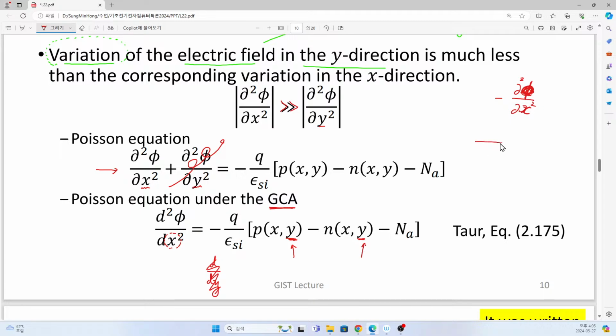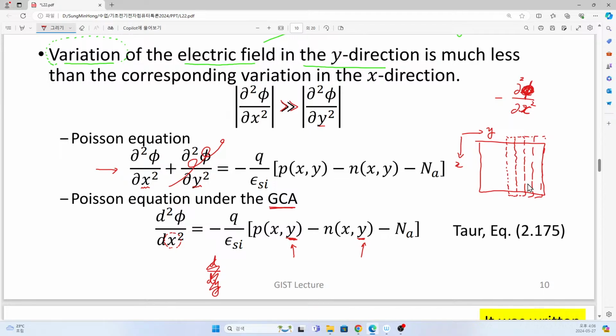That's the point. Simply speaking, when we have the x and y directions, our Poisson equation should consider two different directions simultaneously, but by applying this gradual channel approximation, this two-dimensional system becomes just a collection of several one-dimensional systems. That is the great simplification we can achieve from the gradual channel approximation.